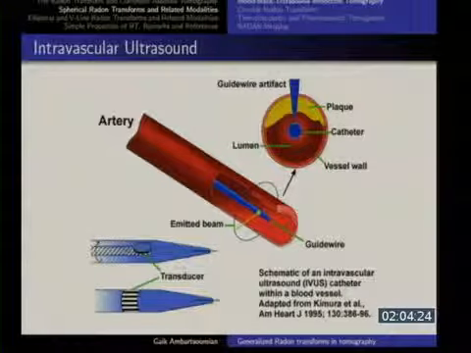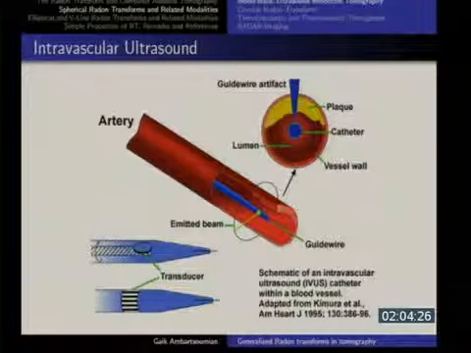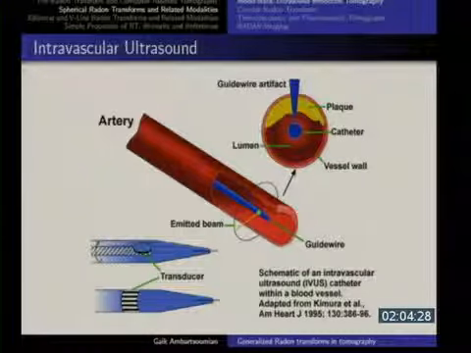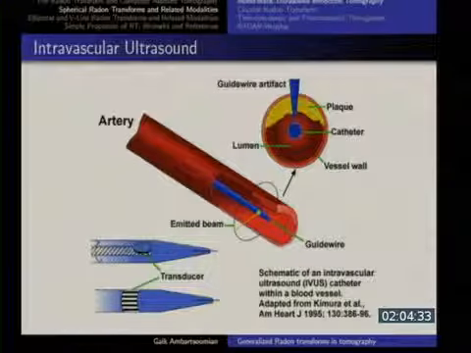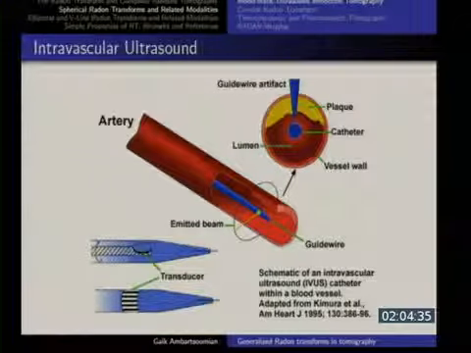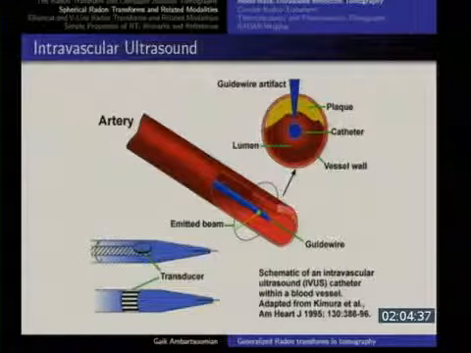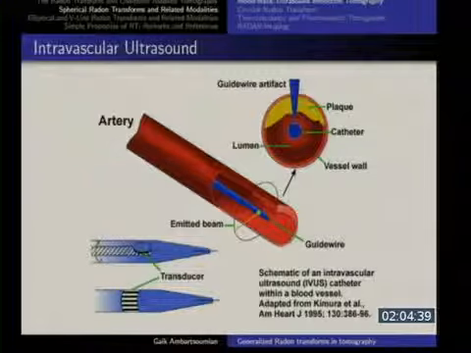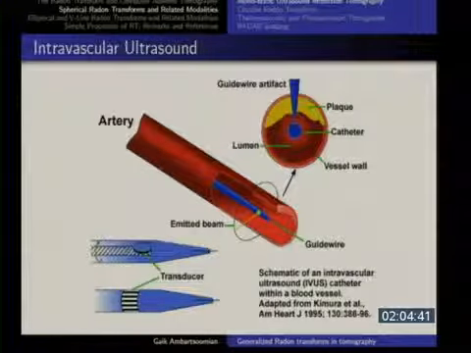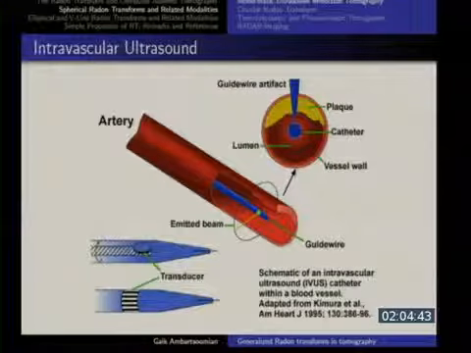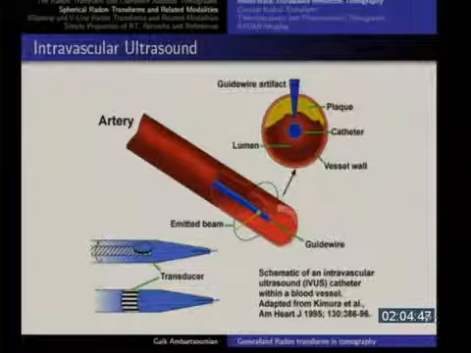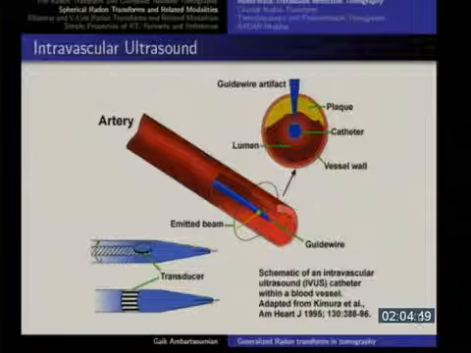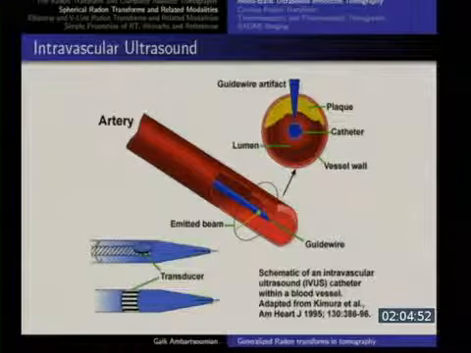So the way they check is sometimes they put a catheter in an artery. So this is the blood vessel, this is a catheter, this is the cross-section. And then this catheter has ultrasound emitters and receivers, so they send signals, and then they receive echoes, and then they try to recover the image. They try to image the walls of the vessel and all this clot and see how much of it is closed. Now, the difference here is, look, you're collecting the data here, but your function is outside.